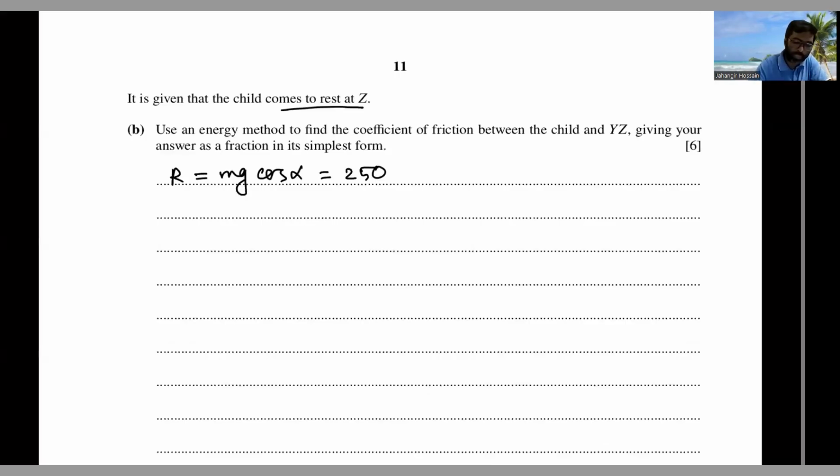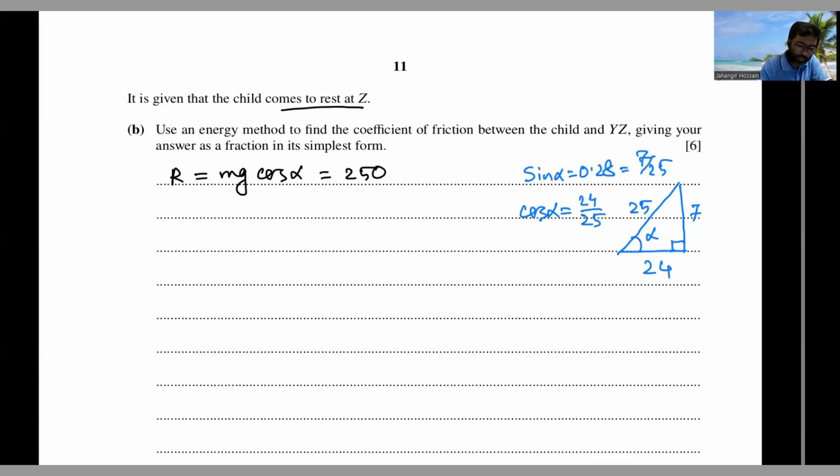Let's draw the triangle to find the exact value of cos alpha, since we have to find mu as an exact fraction. Sin alpha is 0.28, so that's 7 by 25. Opposite 7, hypotenuse 25, now use Pythagoras to calculate the adjacent, which will be 24. Cos alpha is 24 by 25.